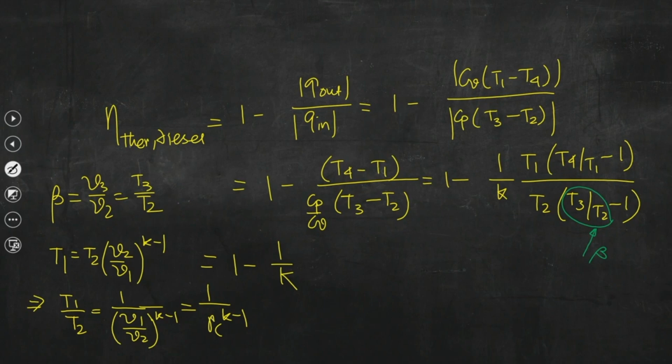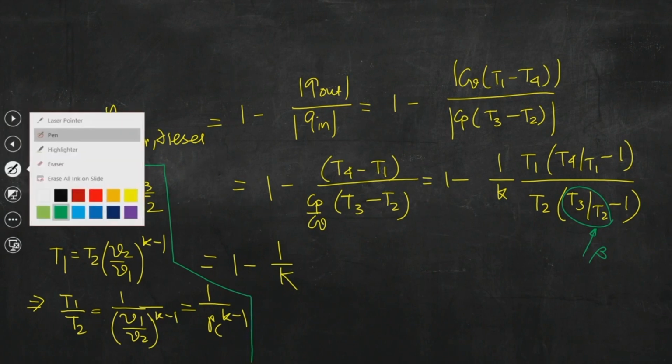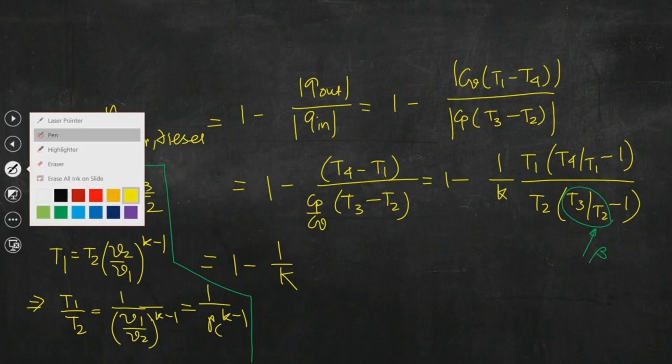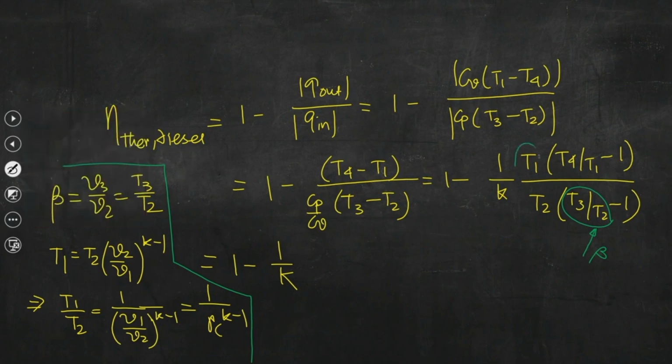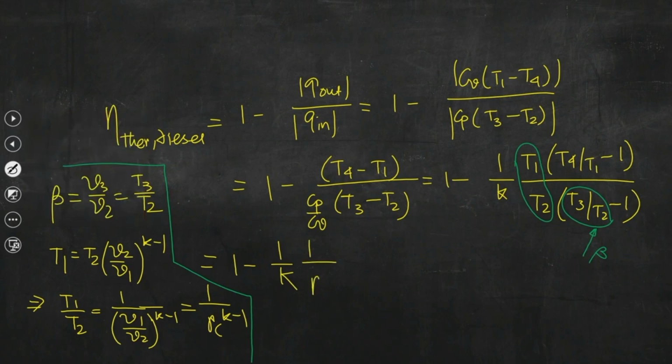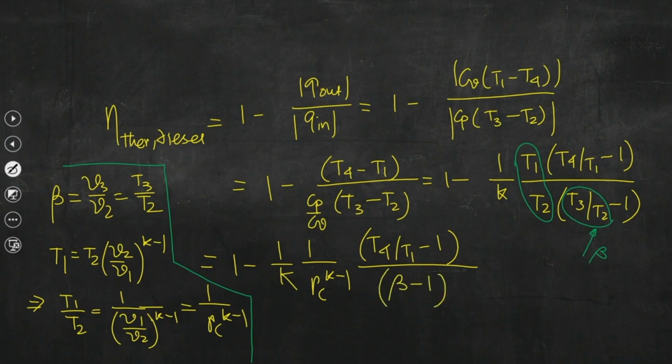Okay. So, Cp by Cv equal to 1 upon k, and this quantity T1 upon T2 can be written as 1 upon rc power k minus 1. So, I am writing 1 upon rc power k minus 1, T4 by T1 minus 1 divided by beta minus 1, right.